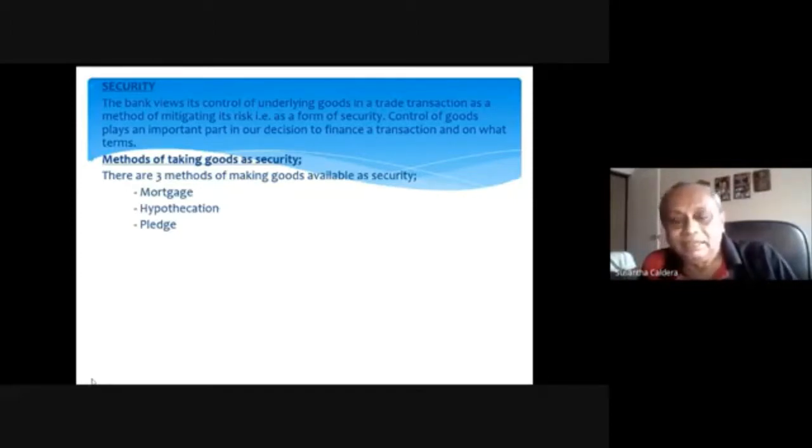Right? How we can mitigate the risk? There are three methods of making goods available as security. One is mortgage, second one is hypothecation, third one is pledge, right?